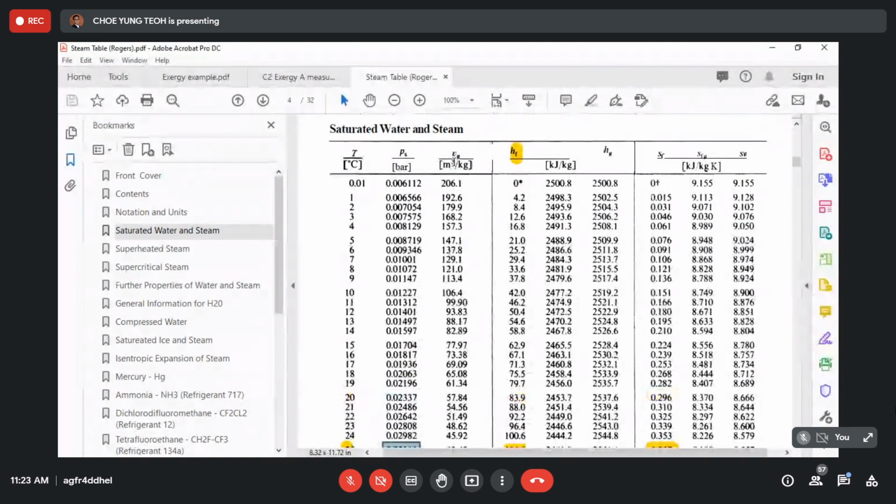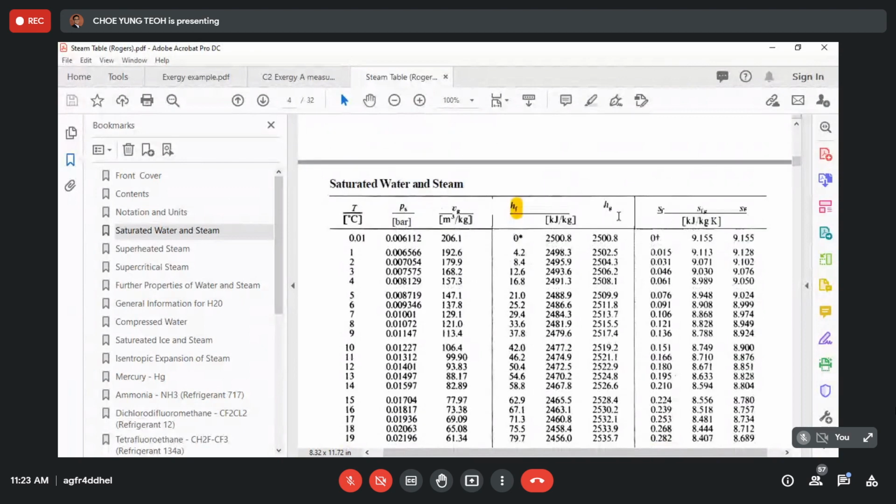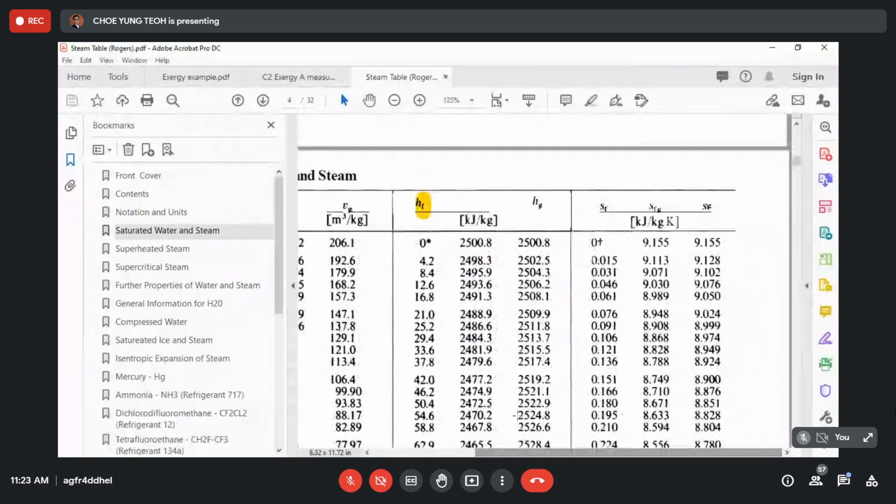And then you look at vg. vg is the specific volume. Then you look at hf and hg in the second column. These refer to the enthalpy, which is the flow energy plus the change of internal energy. hf refers to the fluid and hg refers to the gas.